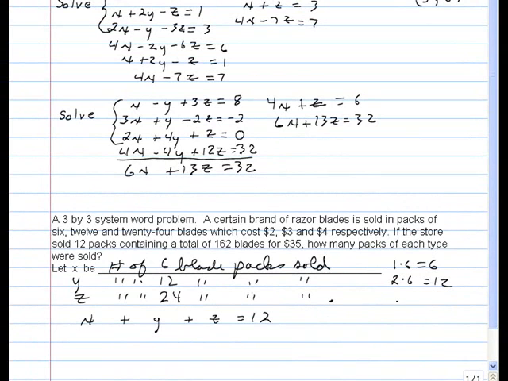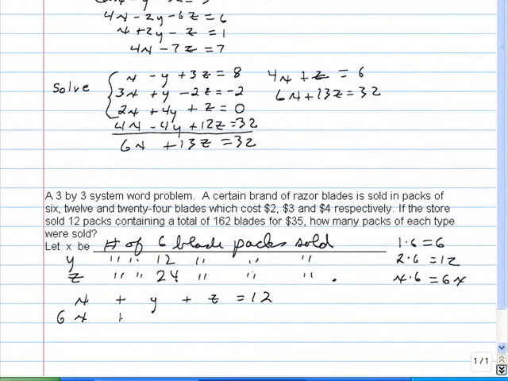Suppose I sold x 6-packs, then I would be selling x times 6, or 6x blades. So the number of blades sold in 6-packs was 6x. The number of blades sold in 12 packs was 12y, and the number of blades sold in 24 packs was 24z, and that has to equal the total number of blades sold, which was 162.